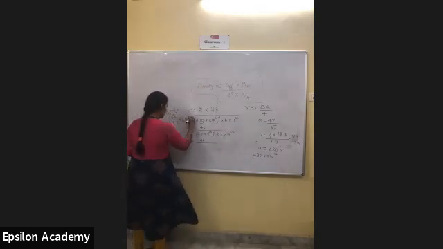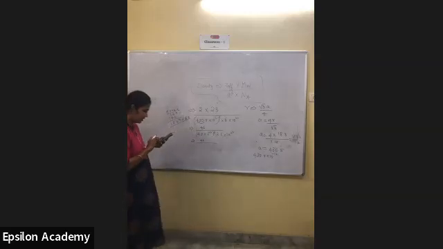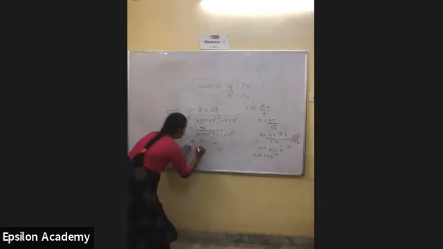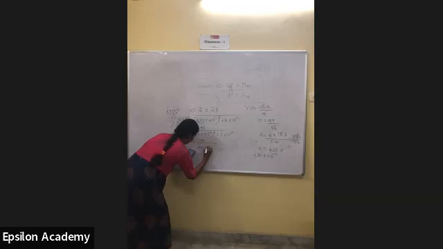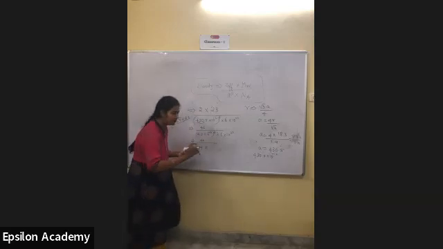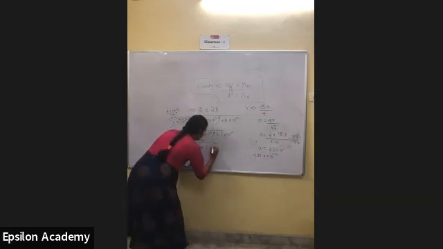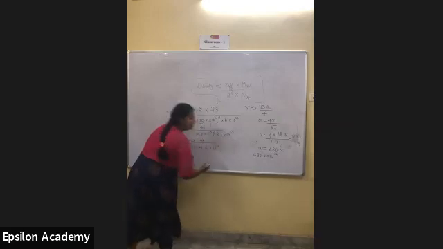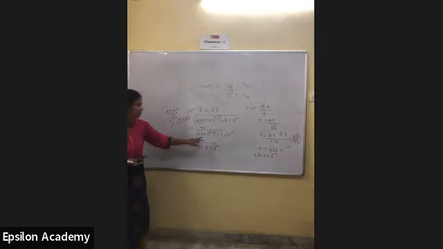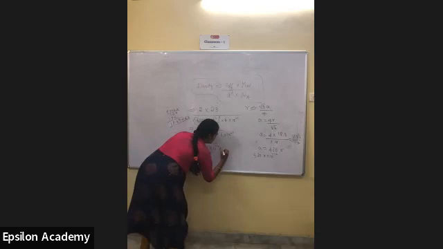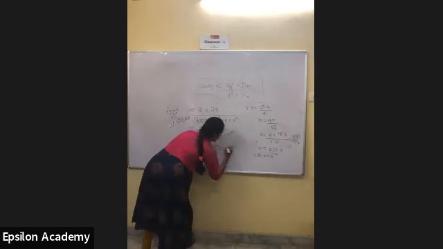Into 4.3 is about 79.5, so we can take it as 79.5. Into 10 to the power minus 30. Into 6 into 10 to the power 23.